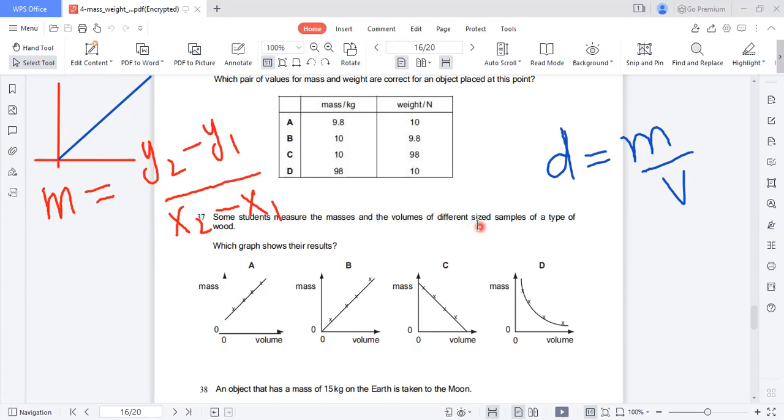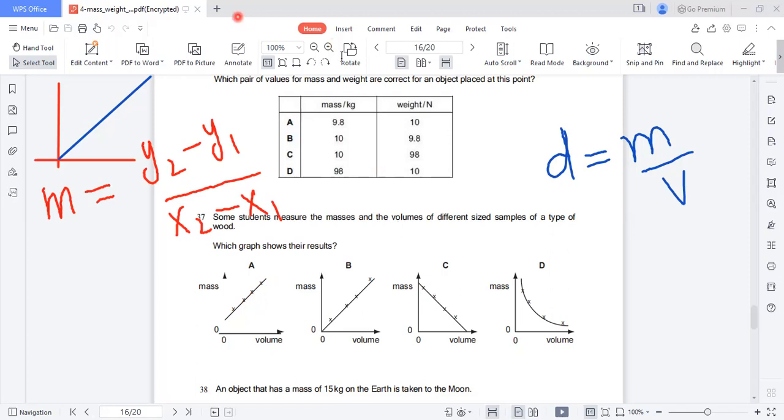It states different sizes of a type of food, but the type is the same. So if their size increases, their mass also increases. A small wooden piece can't be zero in size.